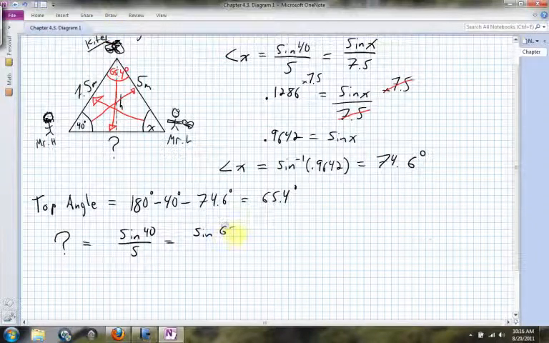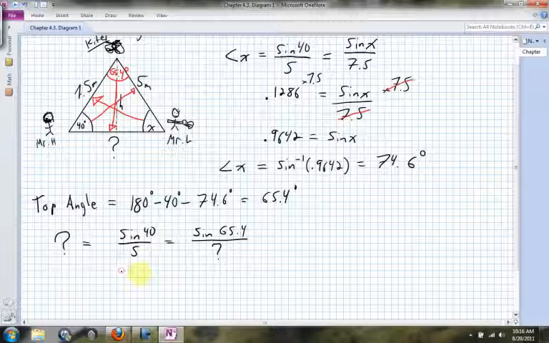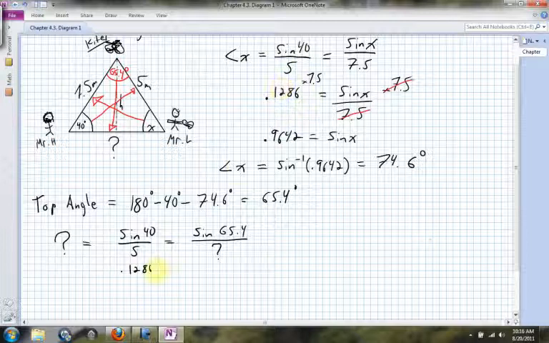So sine of 65.4 divided by my question mark, which I don't know. When I solve the left side, sine 40 over 5, I get 0.1286, same value, is equal to sine of 65.4 divided by question mark.